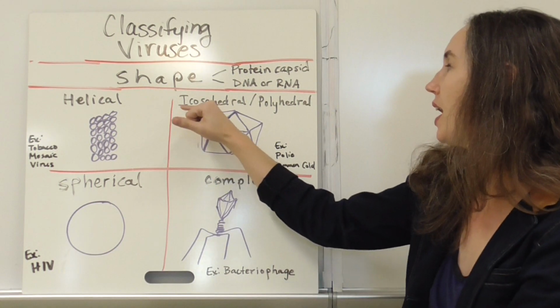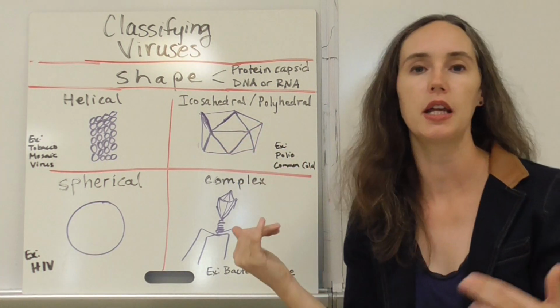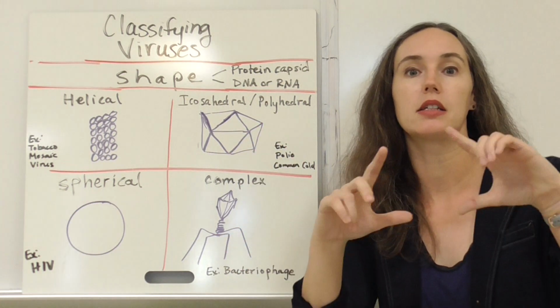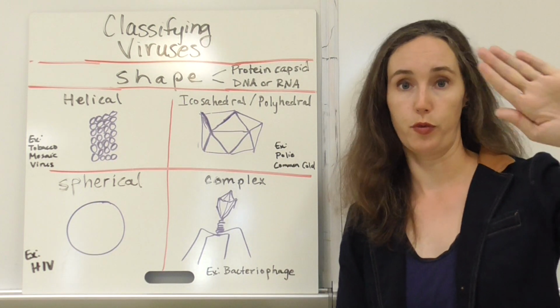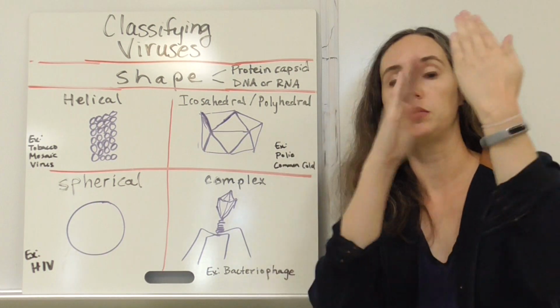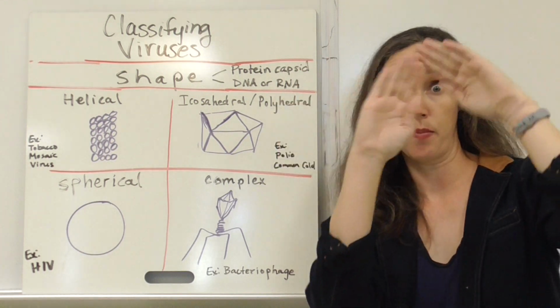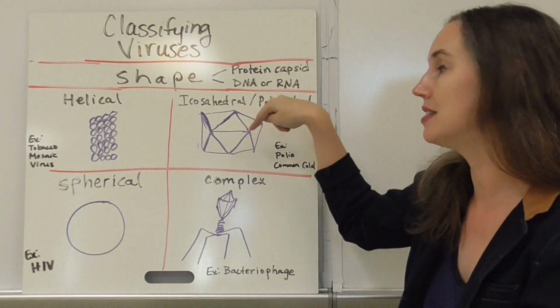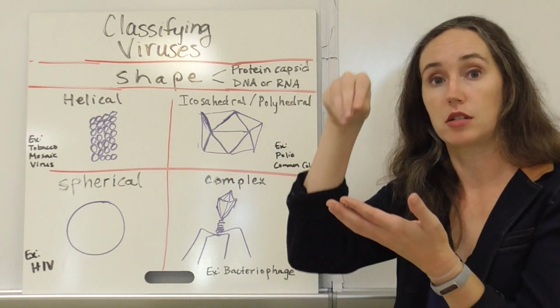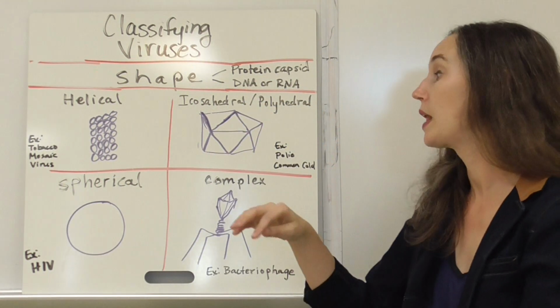Think of a soccer ball. It has pentagons and hexagons on it, which are flat 2D things, but you stick them together in just the right way and it makes a spherical shape. So that's what icosahedral is, and inside of there is going to be your DNA or RNA.